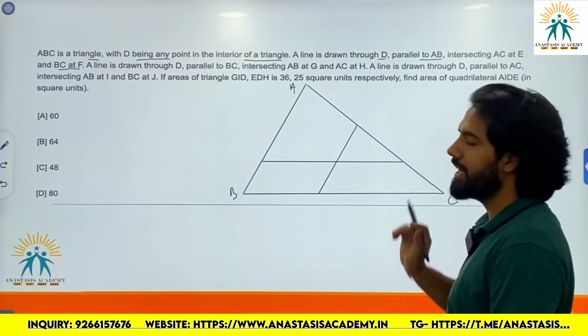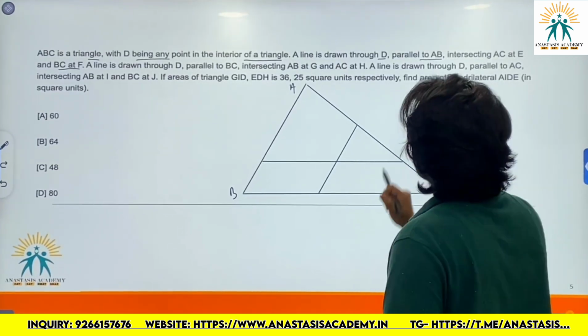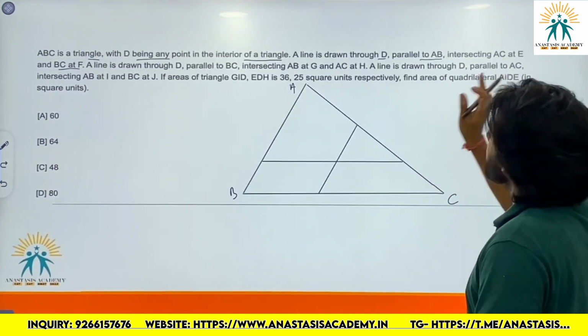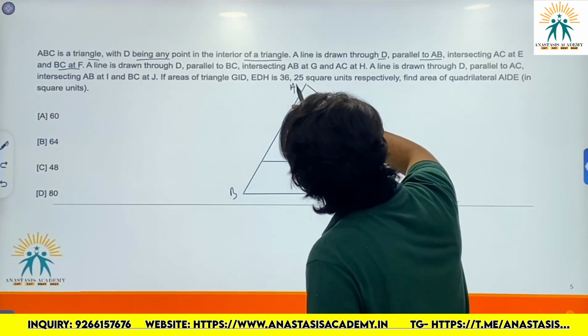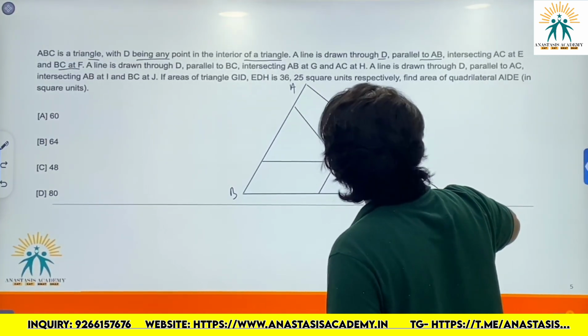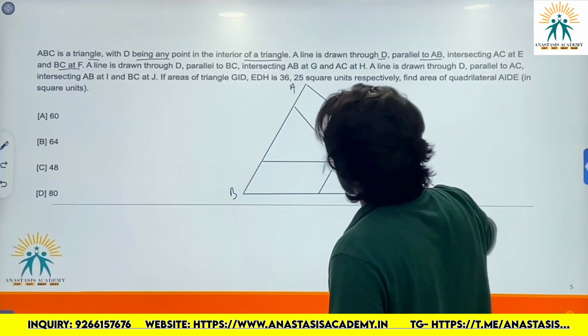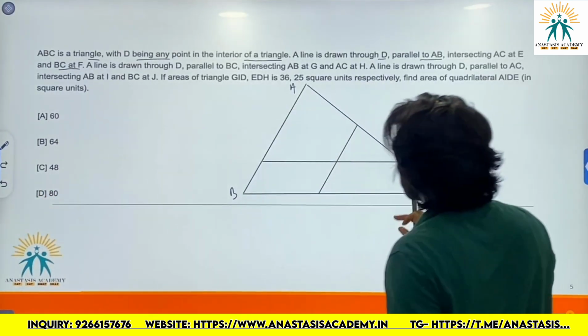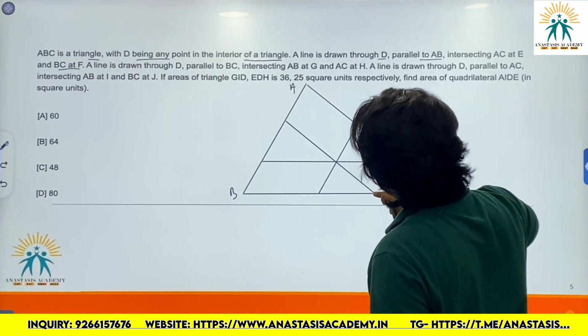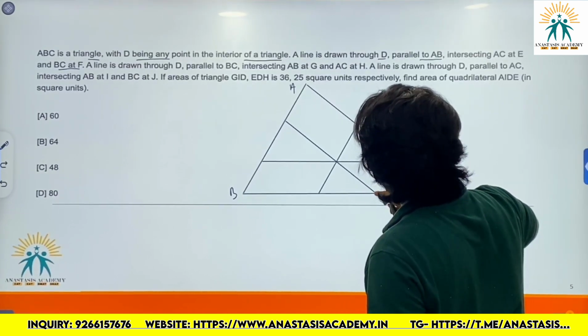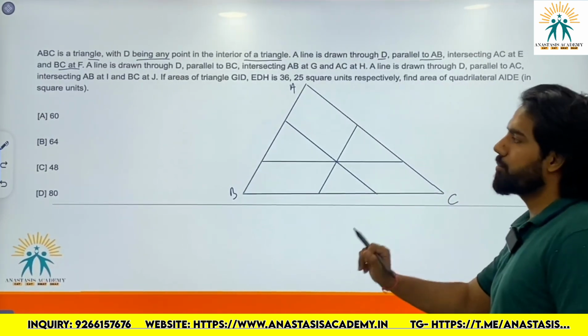So I know this is point D. Another line is drawn through D which is parallel to AC. So this line, which is parallel to AC, also passes through point D.